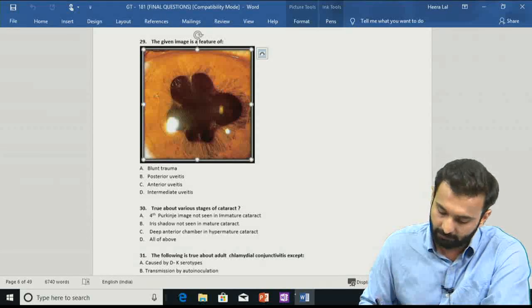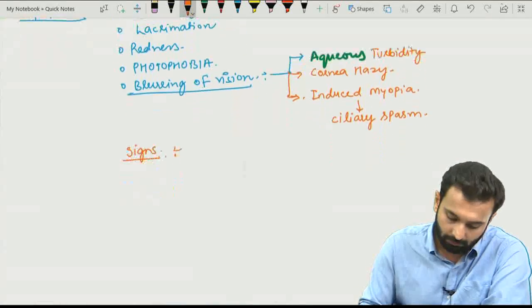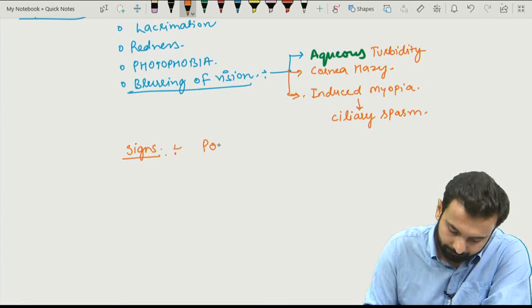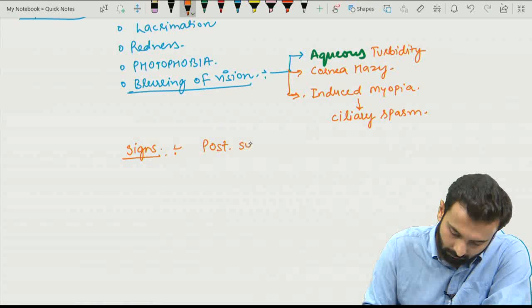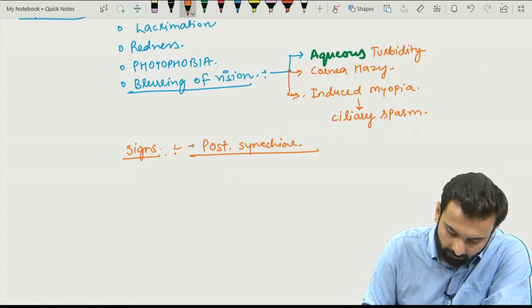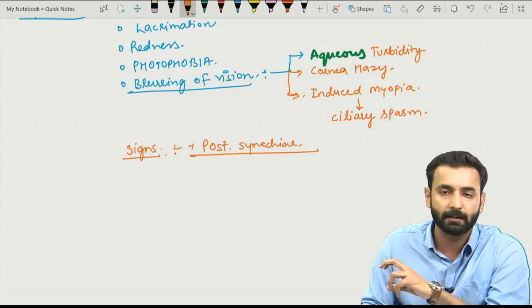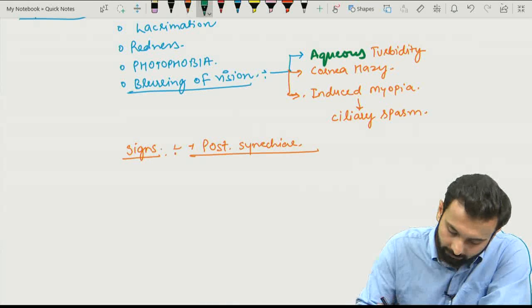This condition is known as posterior synechia, and in this image these are localized posterior synechia.